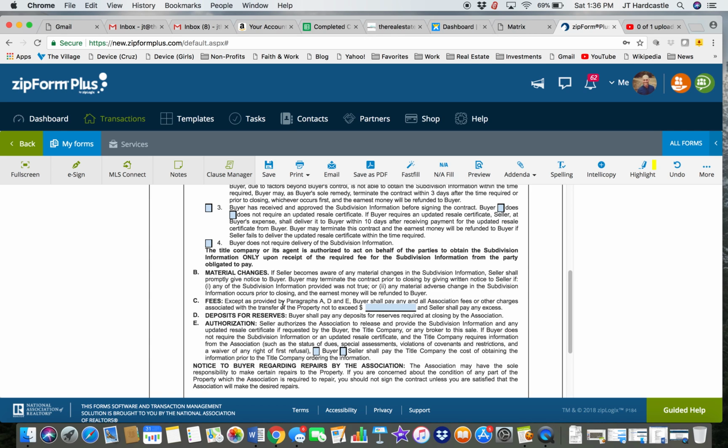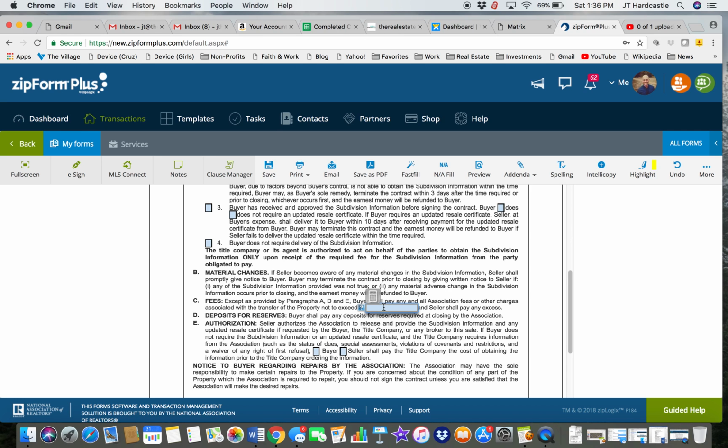Coming down here, as far as the fees go, this part does pertain. Sorry, this is what the buyer is asking to pay.